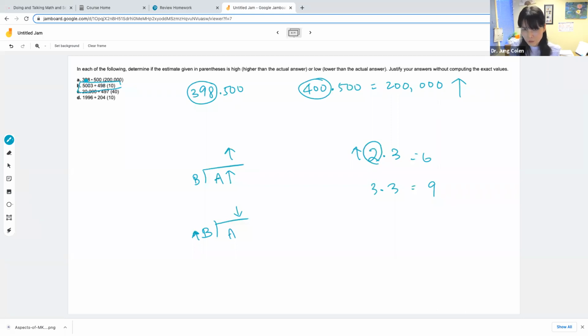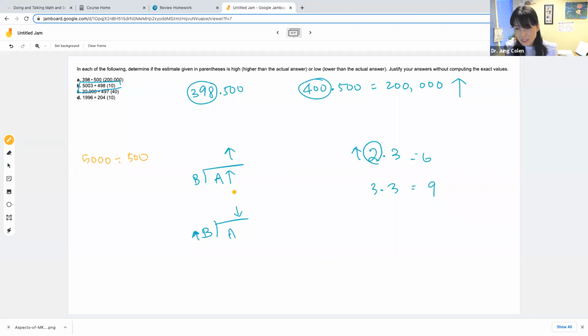So for example, that question, let me rewrite that with this one. Instead of doing that to get 10, I think that person did this, 5,000 divided by 500, right? So what happened here is this person decreased this number, but increased this number, right?